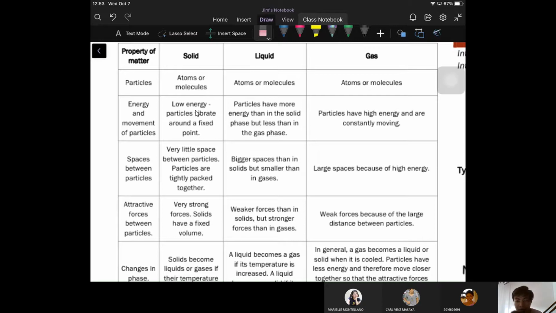So, ano meron kapag mababa yung energy nila, fixed yung location nila, fixed yung position nila. However, pag yan ay naging liquid, mas more energetic siya than solid. Pero pag yan ay naging gas, the particles have high energy. So imagine nyo na lang yung energy as ganito.